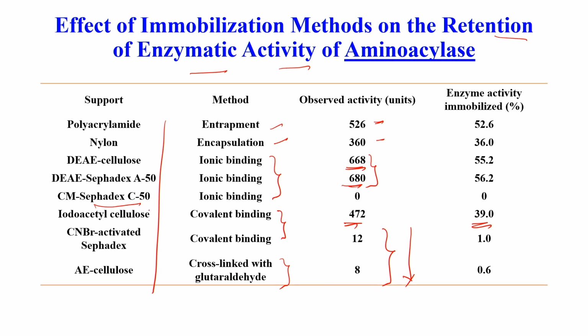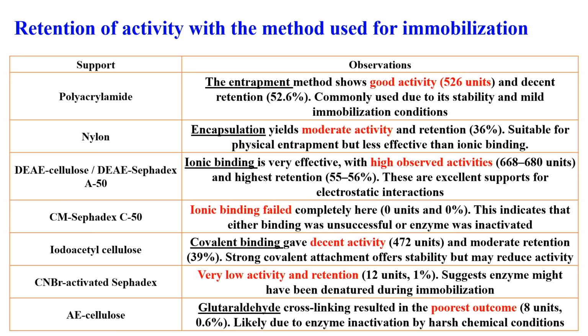Interestingly, if you just see Sephadex C50, even through ionic binding the activity has become 0. So, it says the proper immobilization method is very important because it can drastically interfere with enzyme activity.